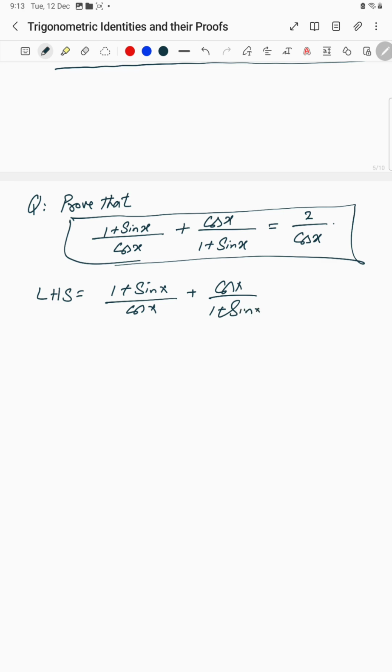Here you can see, as we have to prove the result in the form of 2 over cos x, we only need this single fraction, right? But in the question the left hand side has 2 fractions, so write it as a single fraction by taking the LCM. We get cos of x times (1 plus sine of x), and you are well aware of the LCM procedure that goes here and here.